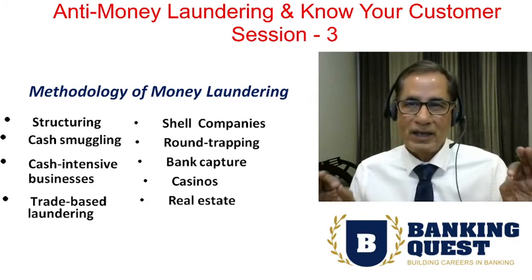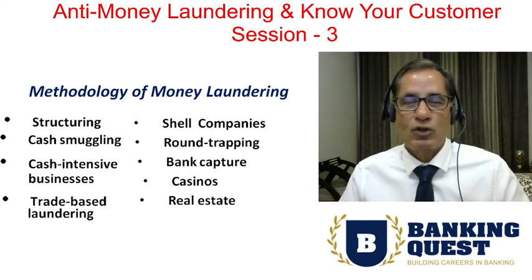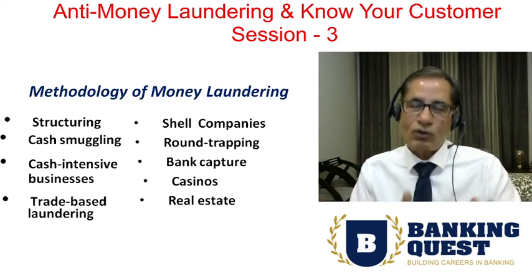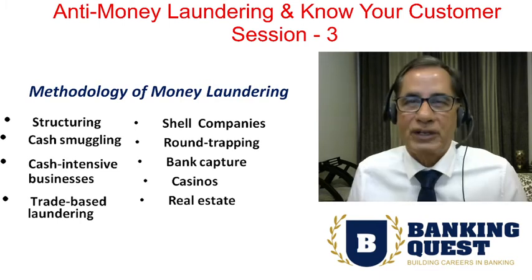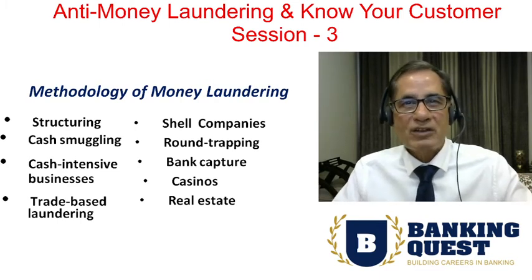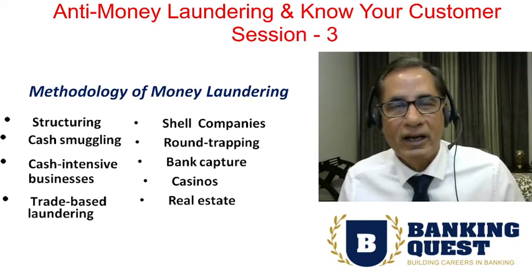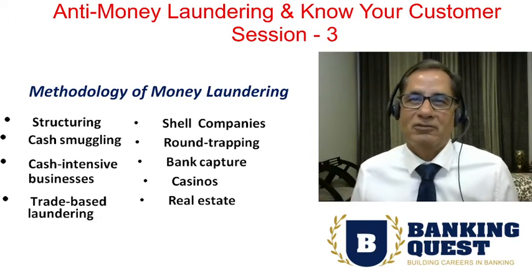So friends, whenever as a banker you are accepting any collateral security in the shape of property, please always ensure that the property was purchased by the mortgagor through his clean money and not by his dirty money.